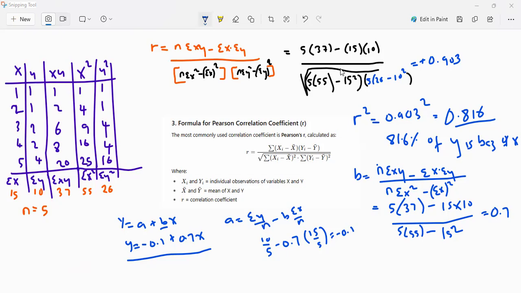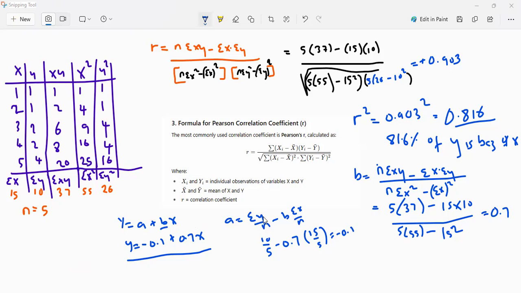That is our formula. So when you compute this and put the values in, you're going to have the answer for our b, which is 0.7. So 0.7, you put it here.